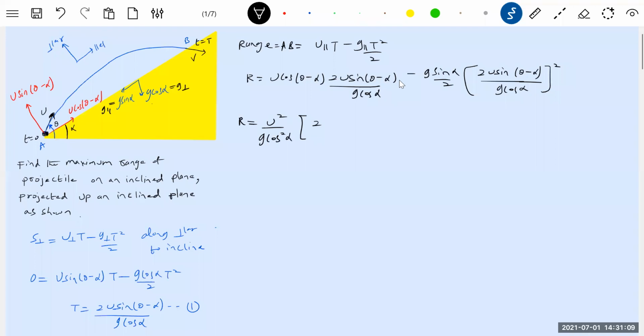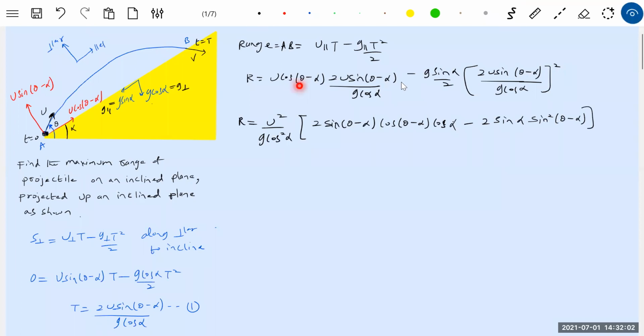Then this will become 2 sine(theta minus alpha) cos(theta minus alpha) cos alpha minus 2 sine alpha sine square(theta minus alpha).